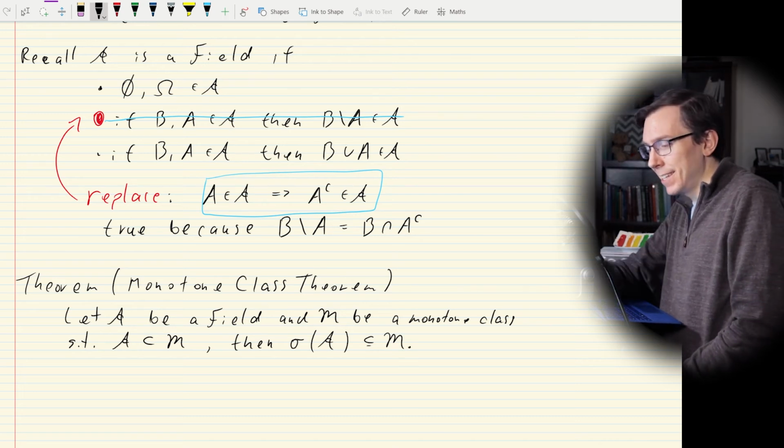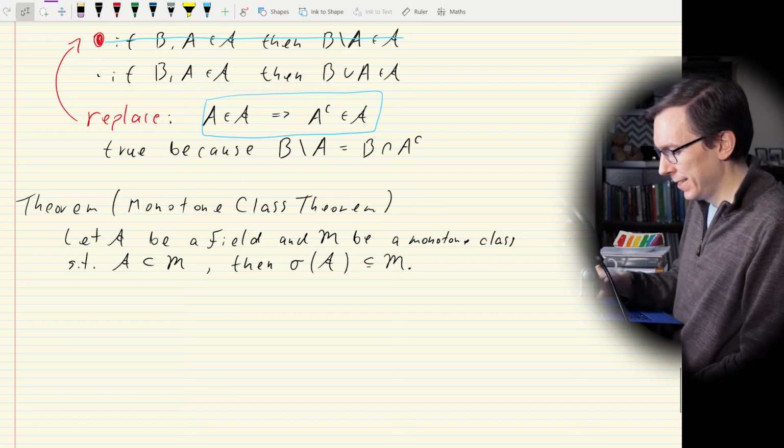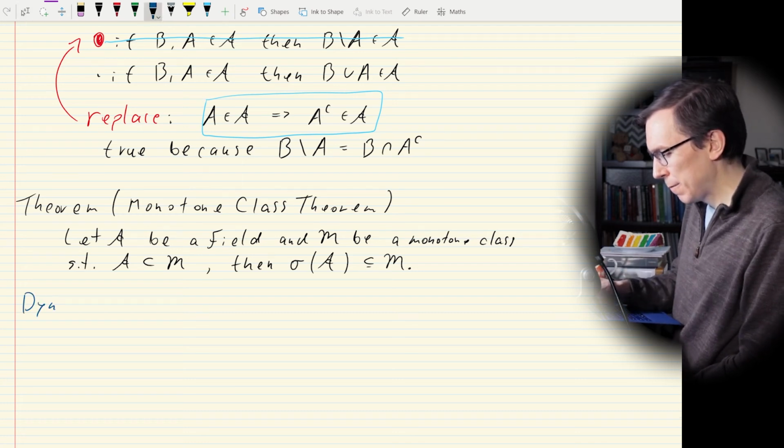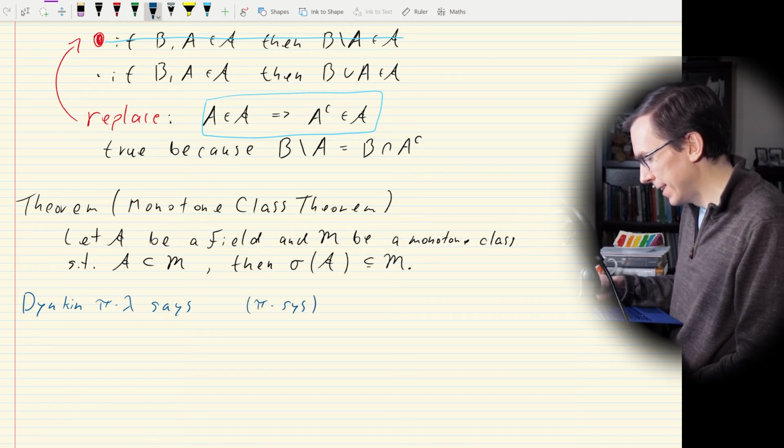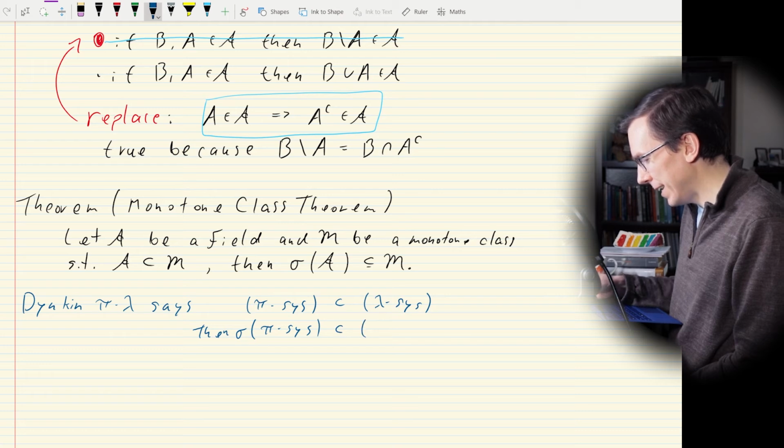So again, this is a lot like Dynkin pi-lambda. Dynkin pi-lambda says if a pi system is contained in a lambda system, then the sigma field generated by that pi system is also contained in that lambda system.